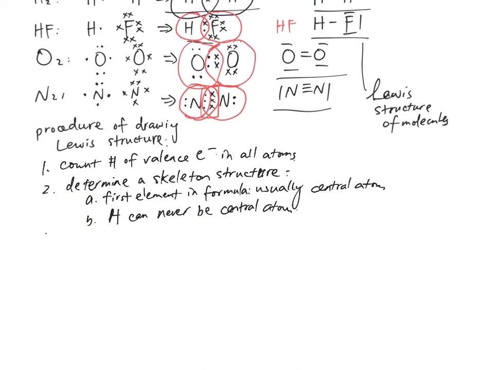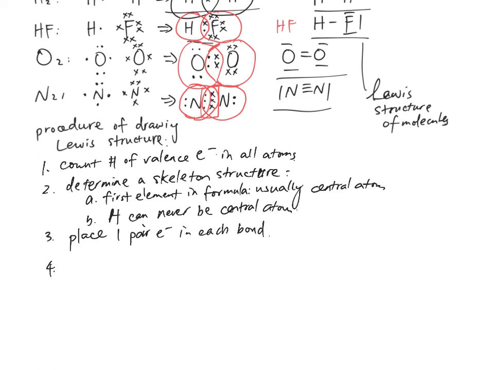Then step number 3 is to place 1 pair. Once you get your skeletal structure, place 1 pair of electrons in each bond. Now, number 4. After you place 1 pair of electrons in each bond, chances are you're still going to have some electrons left over.